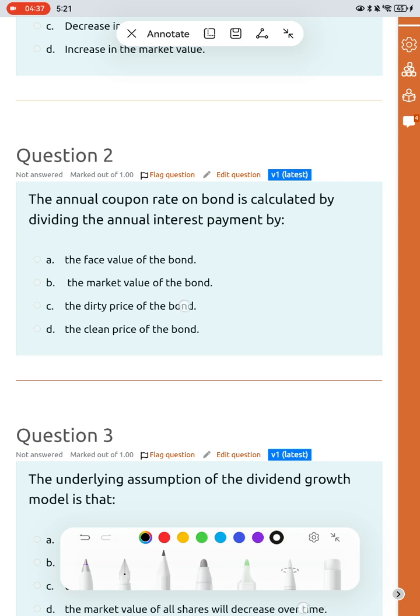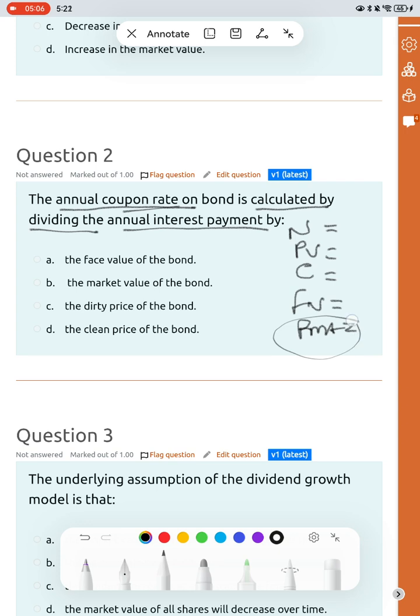It tells you that the annual coupon rate for a bond is calculated by dividing the annual interest payment rate. So you can think of your N, your PV, your coupon rate, etc., future value included. If you're looking for your annual coupon rate, which is your payment per year, you divide it by the annual interest payment, which is your I over YR, right?